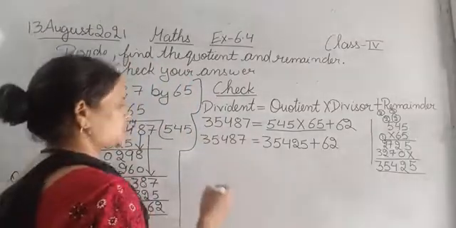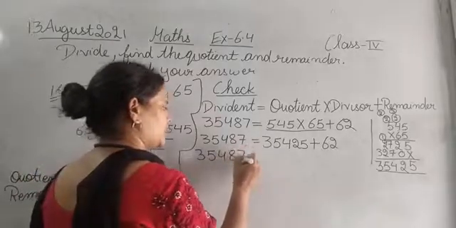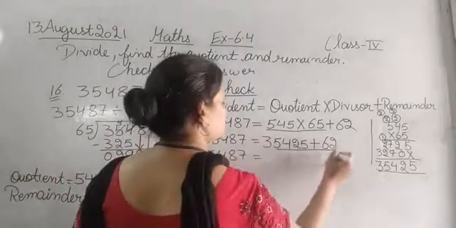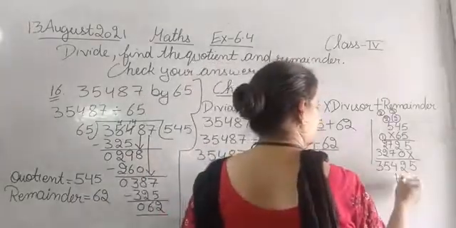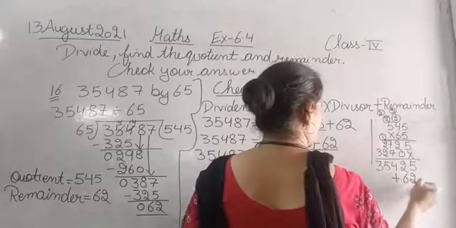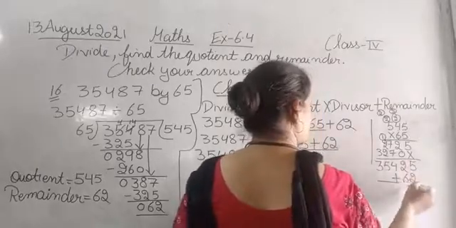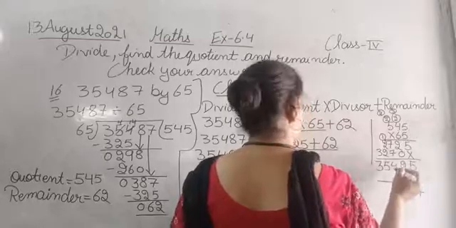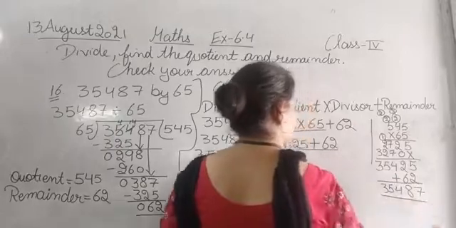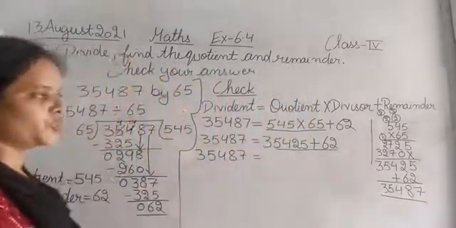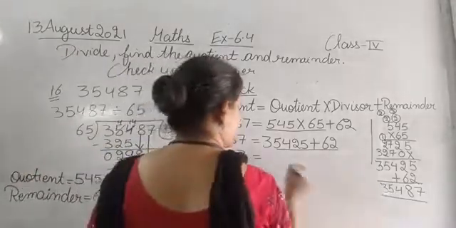So 35,487 is equal to, now we will add these two. I am adding them right below, plus 62. 5 plus 2, 7. 6 plus 2, 8. This is 4, 5, 3. So after doing the addition we got 35,487.